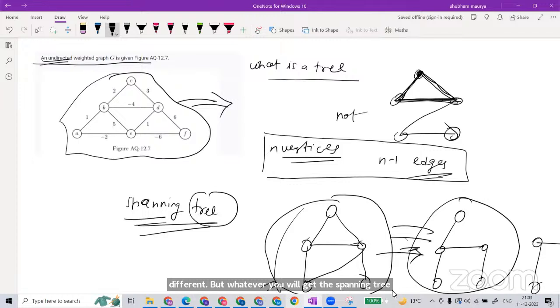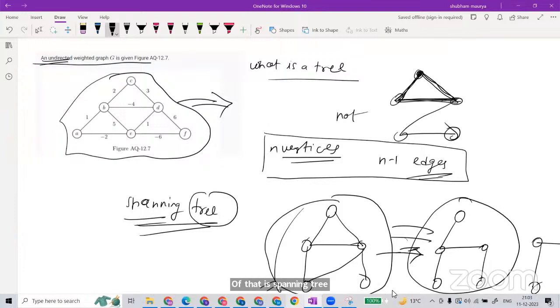By both algorithms, whatever weight you find for that spanning tree will be the same. Their structure may differ, but the calculated total weight of that spanning tree will be the same.